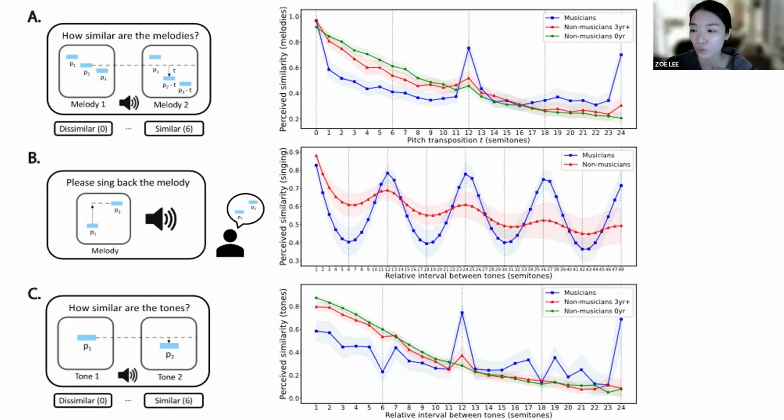Musicians who were professionally trained in music and were recruited from music schools tend to follow a very non-linear pattern in their similarity judgments, whereas non-musicians, who self-reported either 0 years of experience or 3 years or more of experience, followed a generally linear trend with some peaks at the octaves.